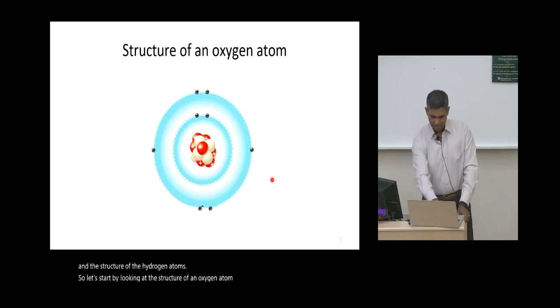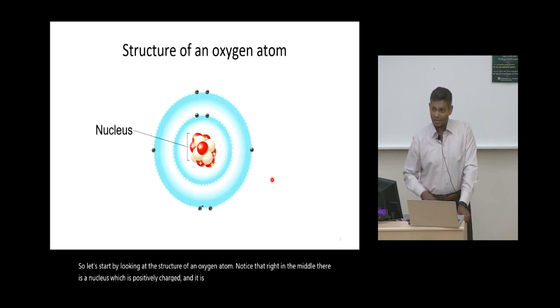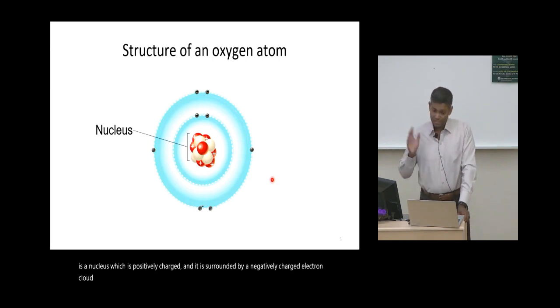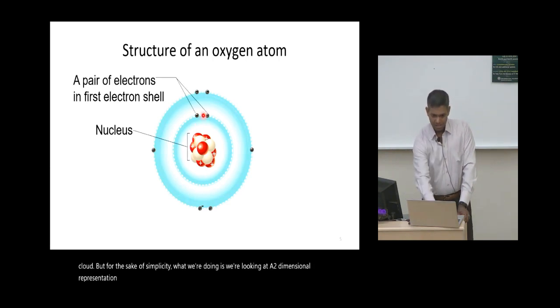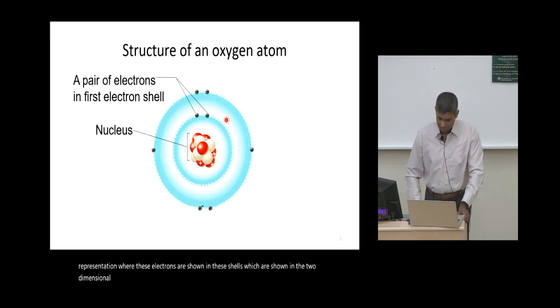Notice that right in the middle there is a nucleus which is positively charged, and it is surrounded by a negatively charged electron cloud. But for the sake of simplicity, we are looking at a two-dimensional representation where these electrons are shown in shells.